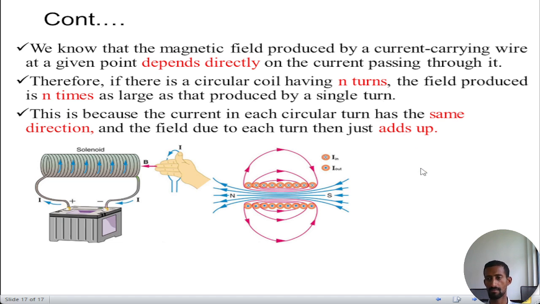This is because the current in each circular turn has the same direction and the field due to each turn just adds up. So with n number of turns, the field strength increases.